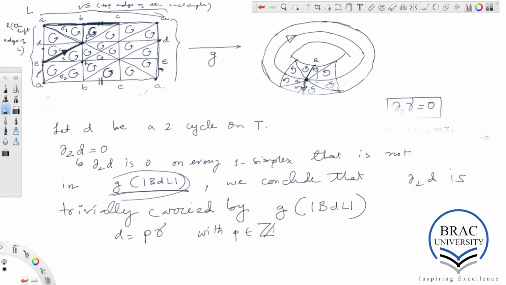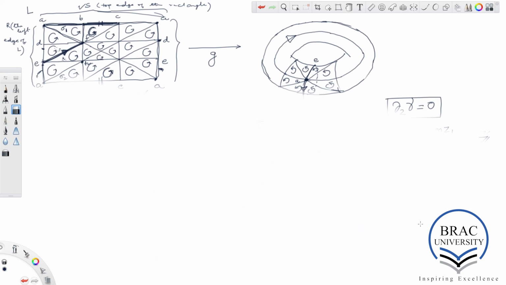So every 2 cycle is written this way, right? Which means that the group of 2 cycles for the torus is nothing but the group of integers, right? Okay, now this is good.